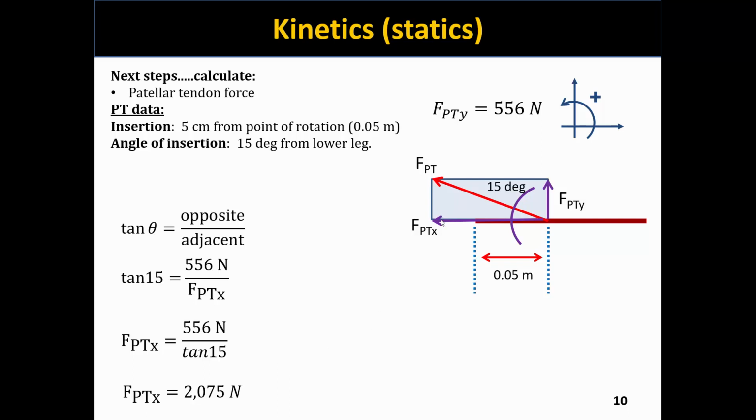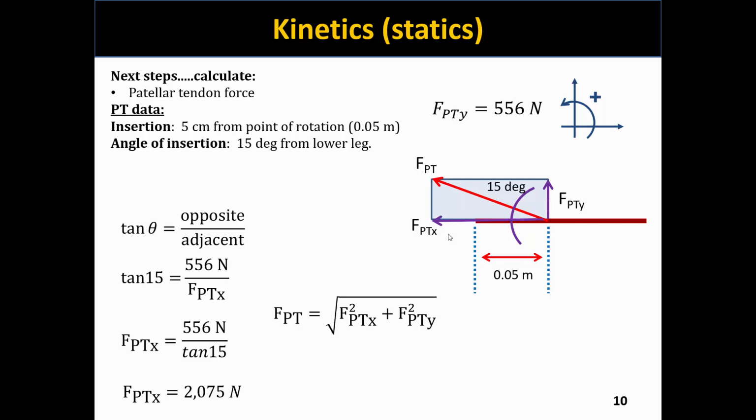And that makes sense here geometrically because the angle of the resultant suggests that the horizontal component is much longer than the vertical component. So the patellar tendon force is generating a force that has a greater magnitude in the x direction than it does in the y direction.